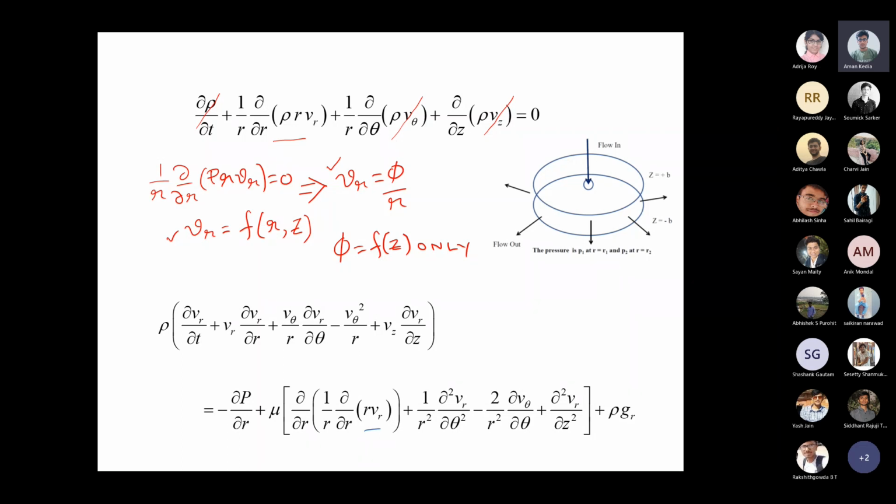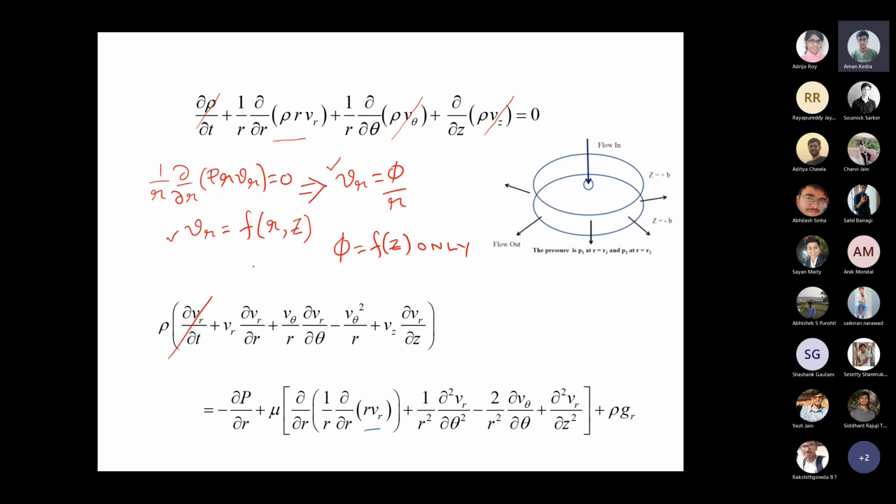Now, coming back to the r component of the equation of motion, we wrote the r component just to highlight that we have the principal direction of movement in the r direction. So that's the component that we have written over here.